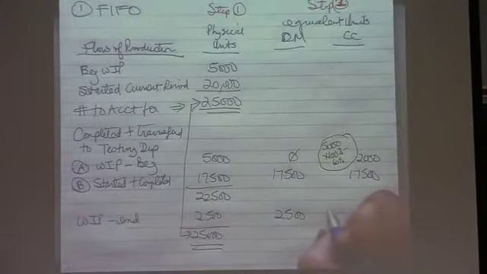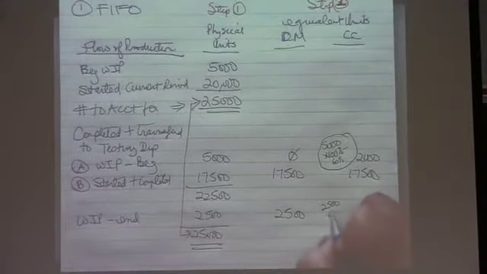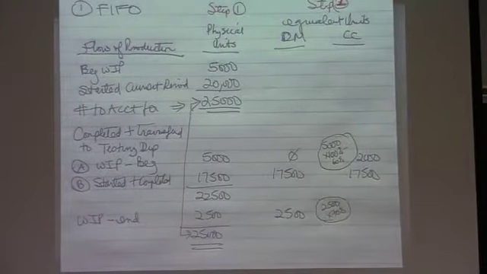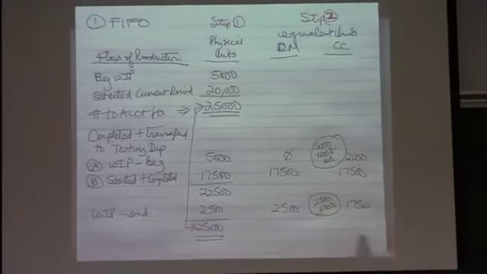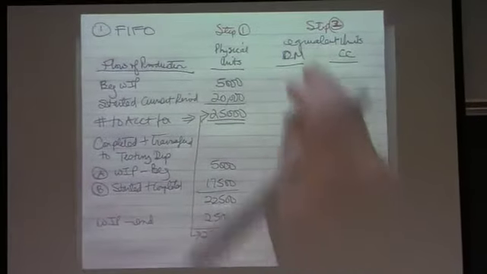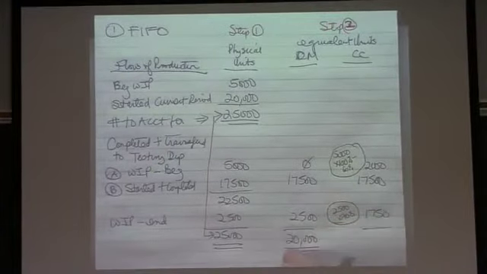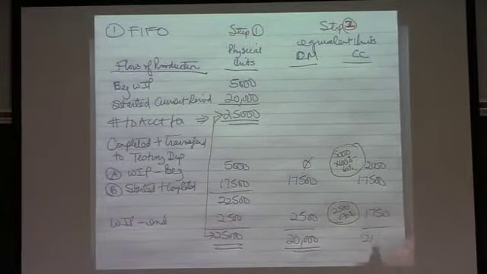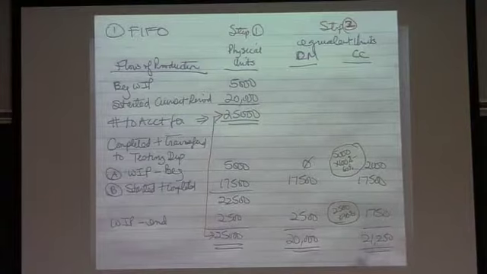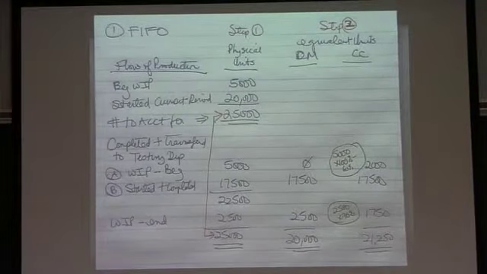It's going to be 2,500 times 70%, and that gives us 1,750. So the total equivalent units is 20,000 for direct materials and 21,250 for conversion cost. That's step 2.